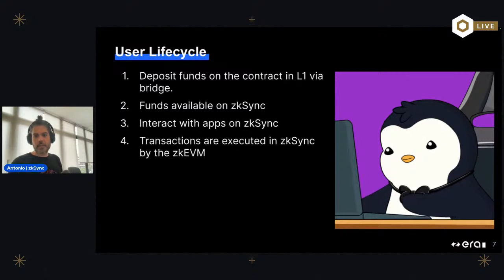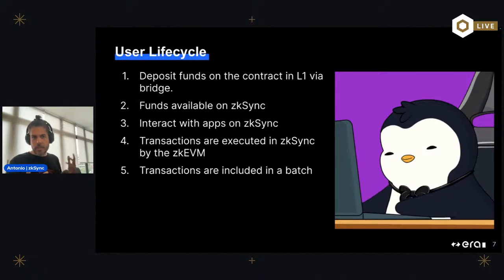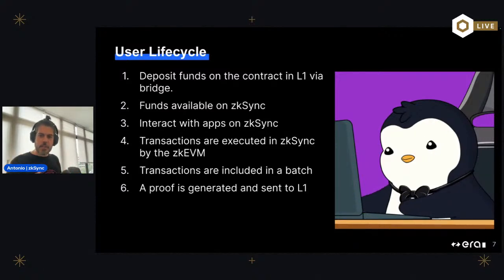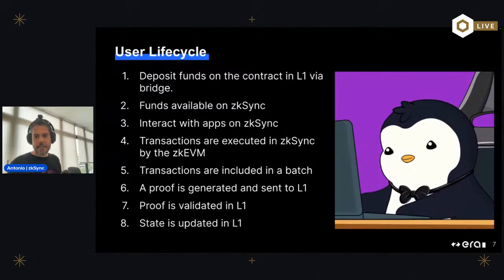And when you submit a transaction, this transaction is executed by the ZkVM on ZkSync. When there are multiple transactions, just from you or from any other users, they are bundled together into a batch. Then a zero knowledge proof is generated, the proof is sent to L1 and validated, and finally the states and balances in the L1 smart contract are updated.